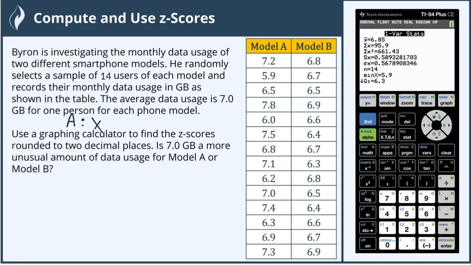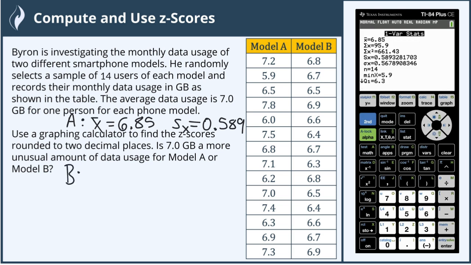Our x bar, according to our calculator, is 6.85. And our sample standard deviation is 0.589. I'm giving this a couple of extra decimal places so we don't have too much rounding. So this is the sample mean and sample standard deviation for Model A.